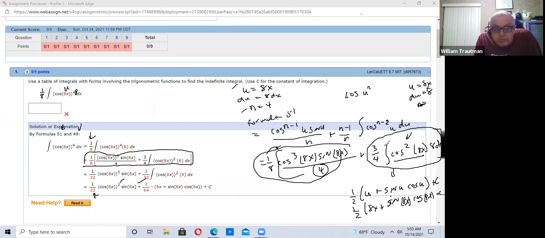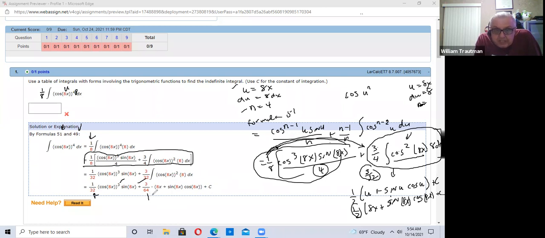Now we're going to do this 3/4, and we still have to distribute the 1/8. 3/4 times 1/8 is 3/32. So this becomes 3/32 because we distribute the 1/8 there. But then, 3/32 times 1/2 in front is 3/64.